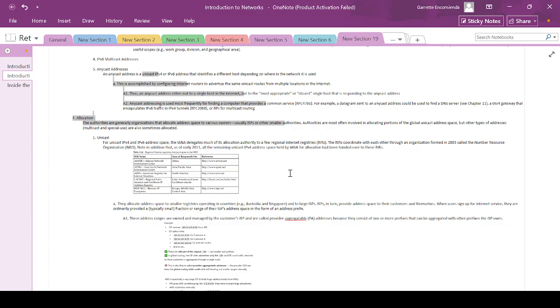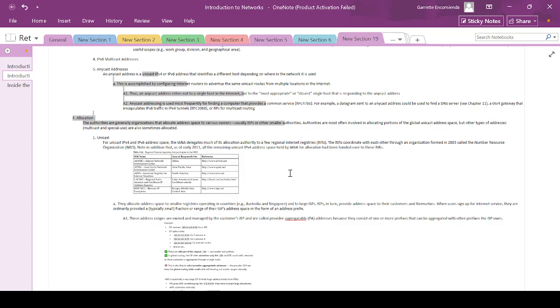This is accomplished by configuring internet routers to advertise the same unicast routes from multiple locations in the internet. So Anycast is kind of like magic because it identifies a different host depending on where in the network it will be used.